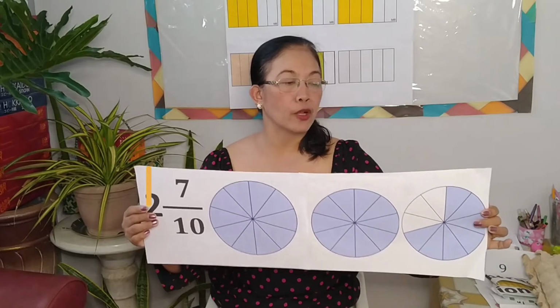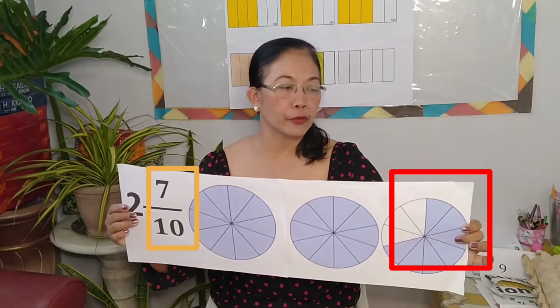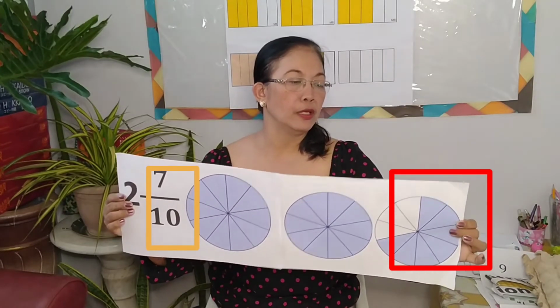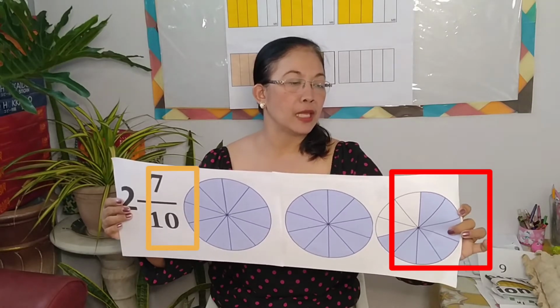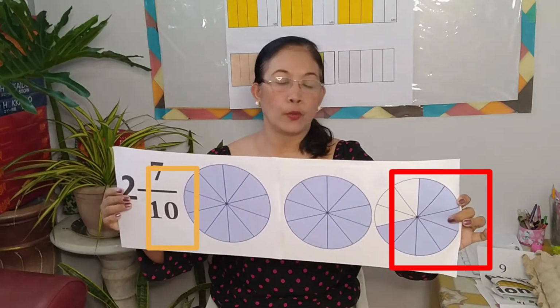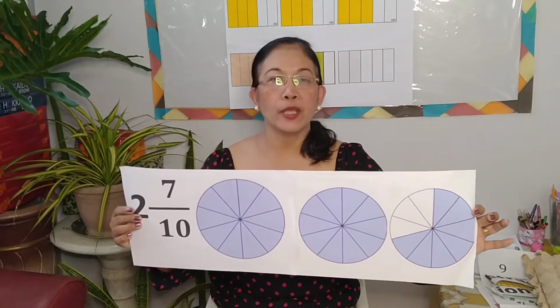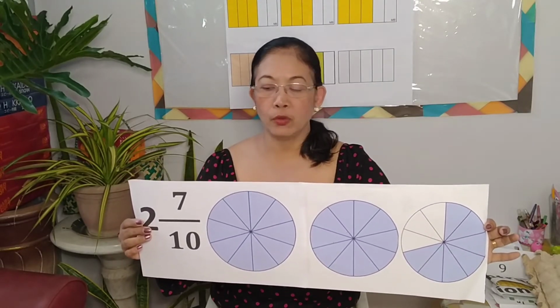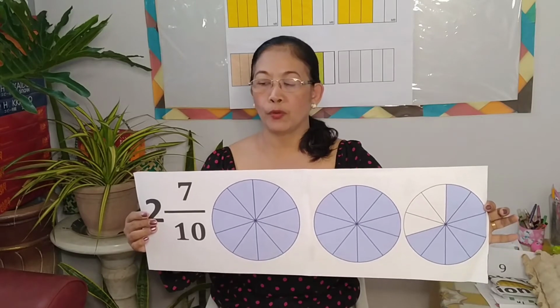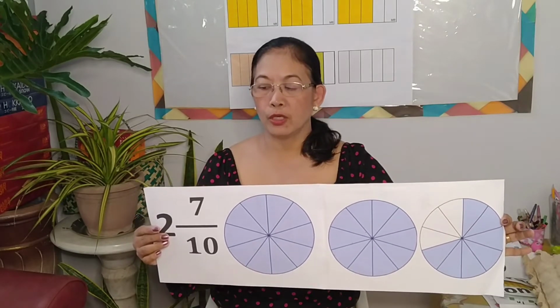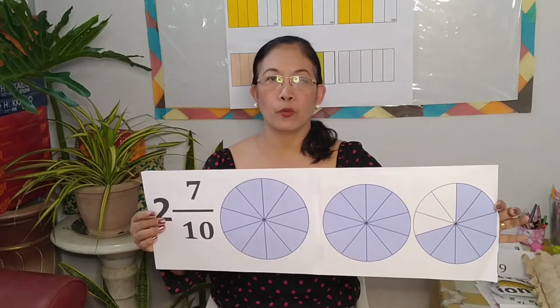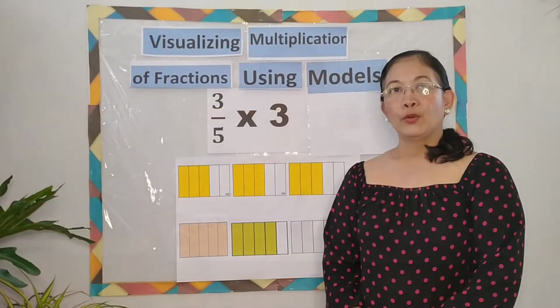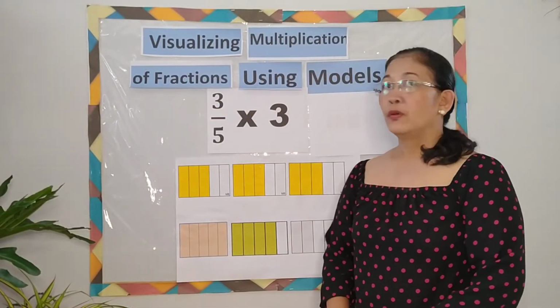And the last fraction, or the third circle rather, represents 7/10. So if you combine the 3 circles, it will give you the idea of the mixed fraction 2 and 7/10.